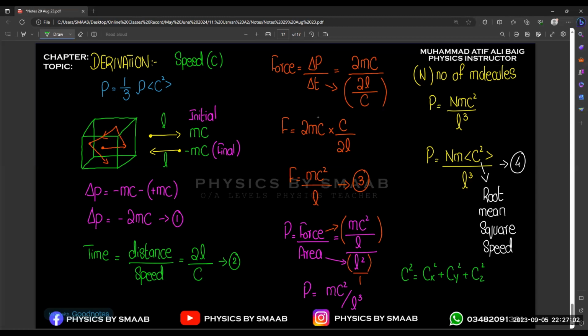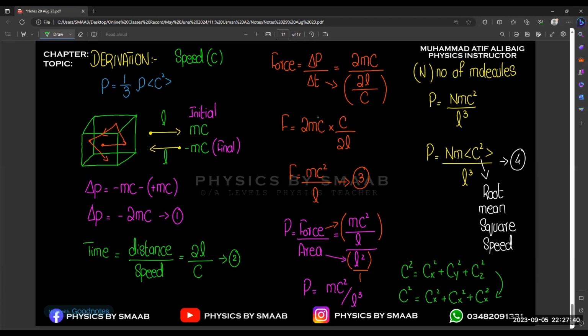So we just take one axis and solve for it, and it will remain the same for all the axes. It means your root mean square speed will combine and be equal to 3 times cx square, if we are talking about only the x-axis.